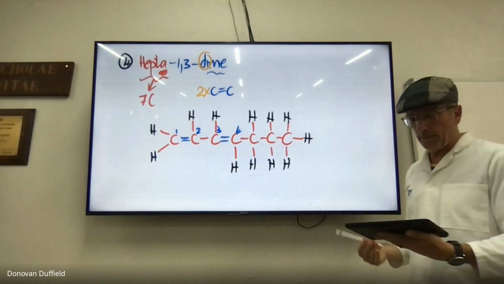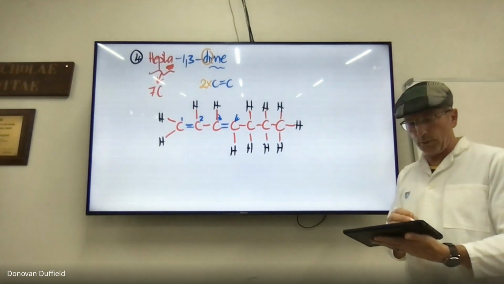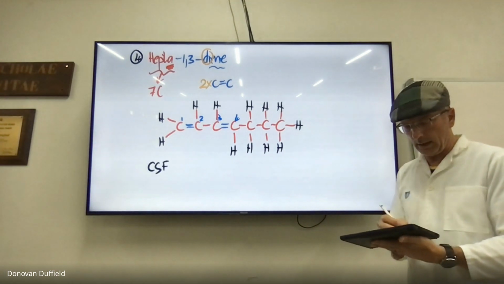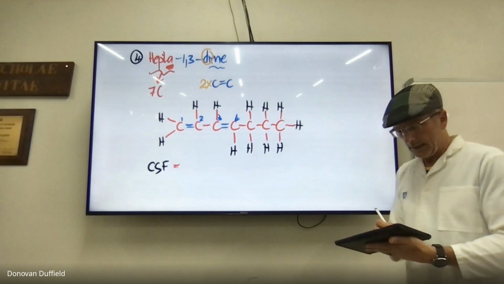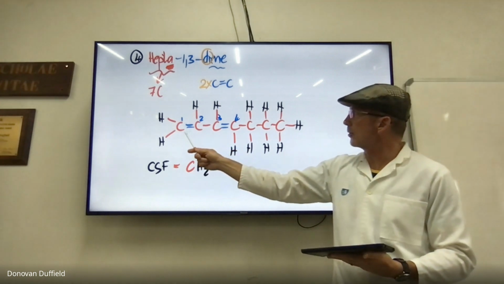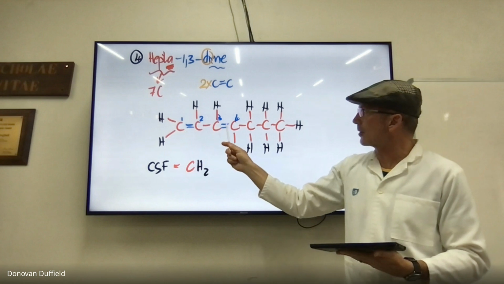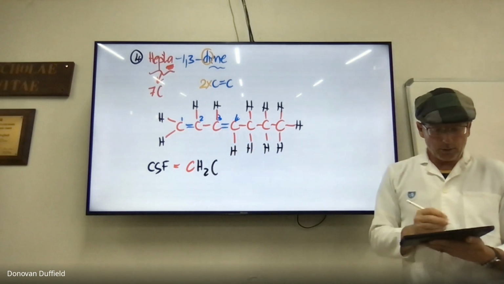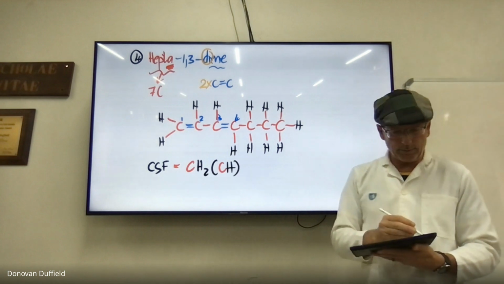All right, so if we look at the condensed structural formula here, and I'm going to go quickly, it would equal CH2, then CH, CH, and CH. So we actually have 3 CH. Just check again. Always be careful.